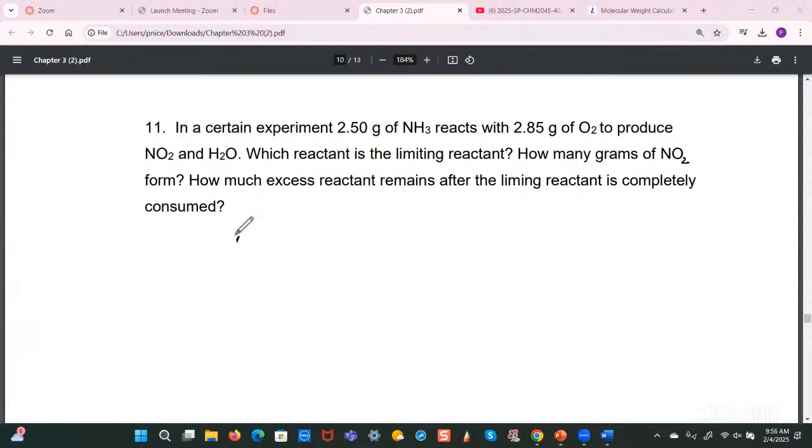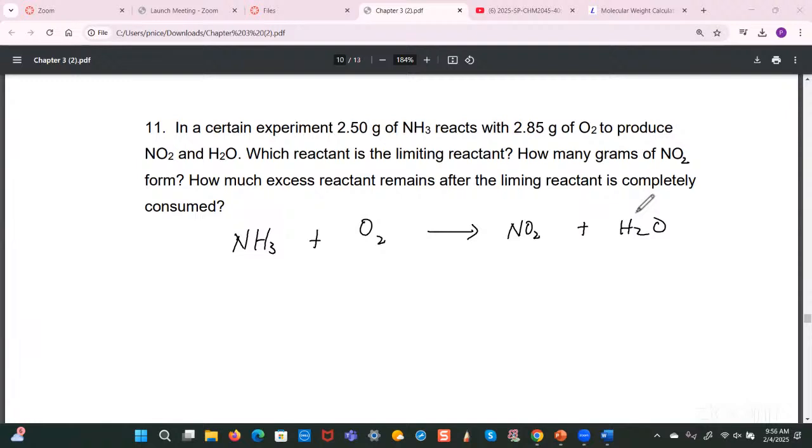NH3 and O2, correct, okay? And what would be the products? NO2 and H2O, okay, very good. So now we have to balance it, right?